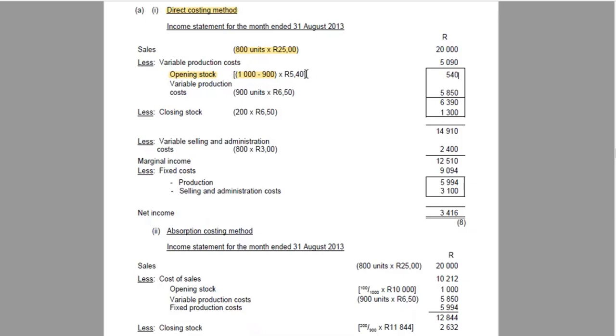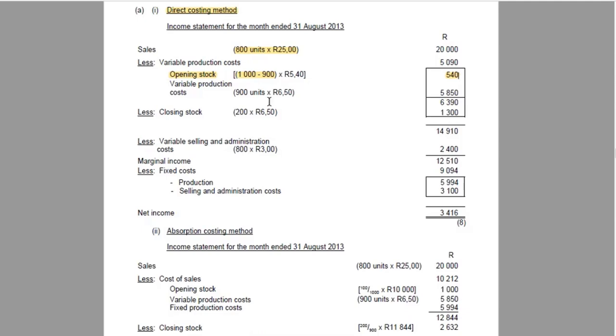Yeah, it's fine. I think this is just to show that it's all in one, but I don't think that you'll be penalized for not putting these outside brackets. But it's 1,000 minus this, it's in your brackets, then you multiply by 5 Rand 40. I think that's just etiquette or presentation. More than that, as long as you got this right.